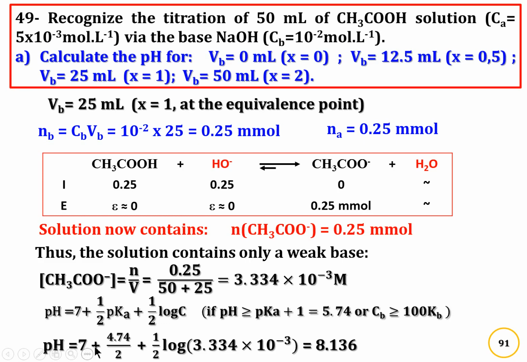So pH equals 7 plus half 4.74 plus half log 3.334 10⁻³. So the pH equal 8.136.